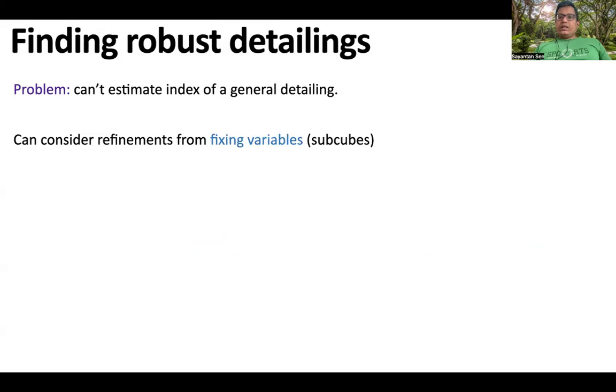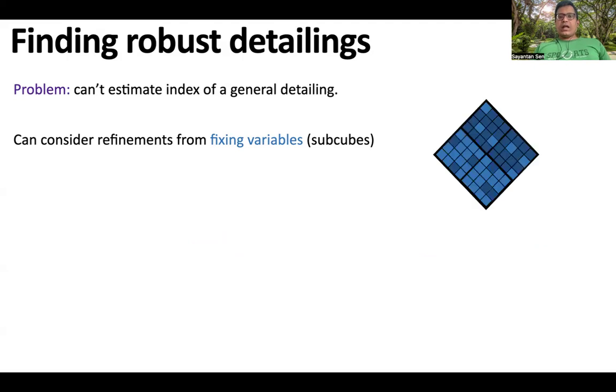Now, unfortunately, estimating the index of a general detailing is difficult. This is primarily due to the fact that we are obtaining samples from the unknown distribution. To tackle this, we consider refinements of a particular type. We only consider refinements by fixing variables or fixing subcubes of the underlying Hamming cube.